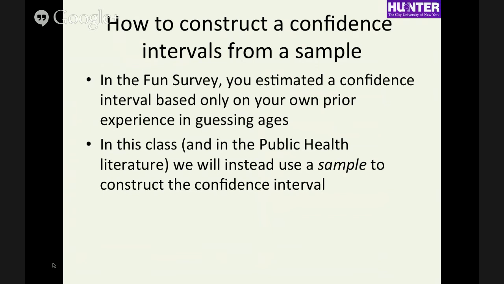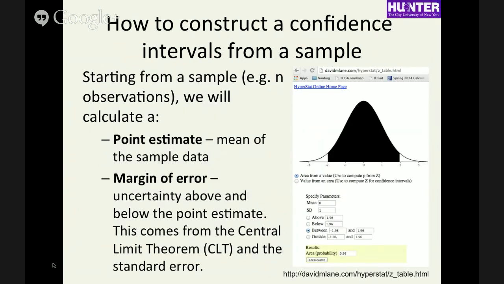You're going to take a sample from a population, estimate the population standard deviation, estimate the standard error, and use that to construct a confidence interval. So it's just based on the data. And I'll do that later with your survey as well.